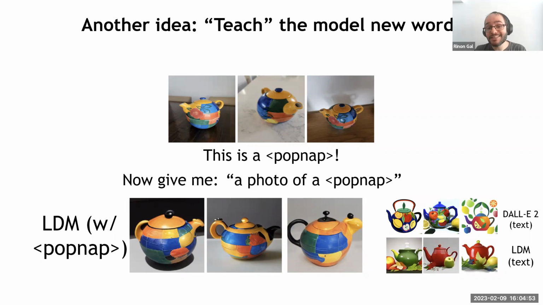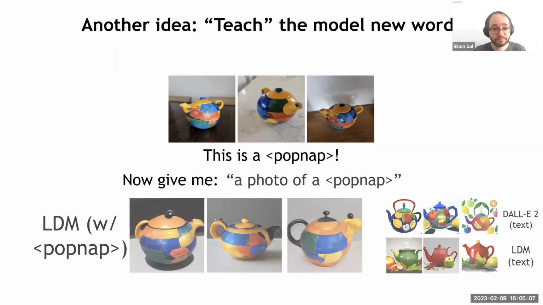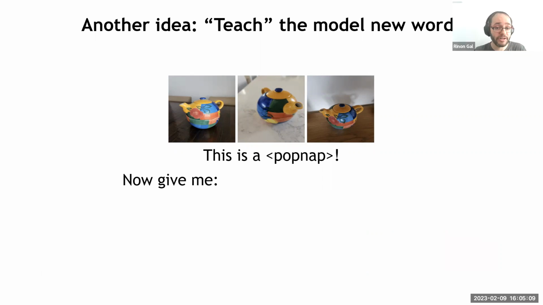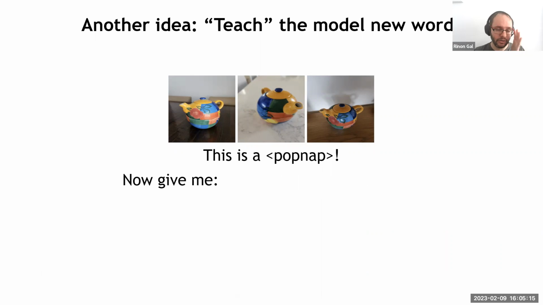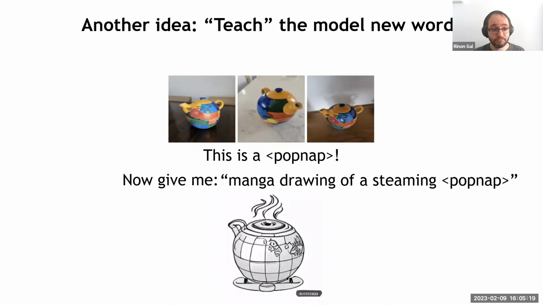Okay, and since we're describing the object with a new word, and words are, well, inherently composable, we'll be able to put our object into new context just by changing the sentences that we use in our prompts. Right? So, for example, we could ask for a pop nut watering can and get this image, or we could ask for a manga drawing of a steaming pop nut and get something that looks like this.